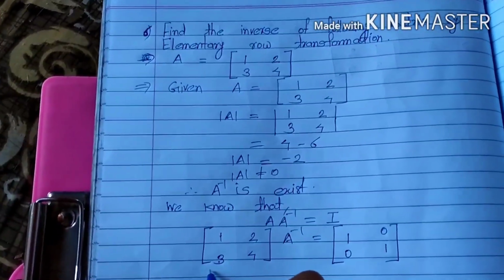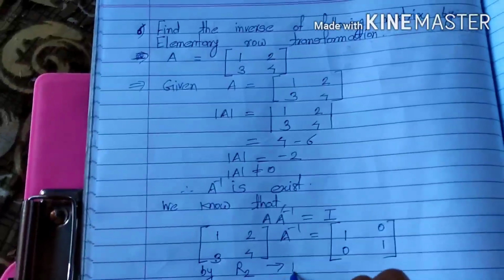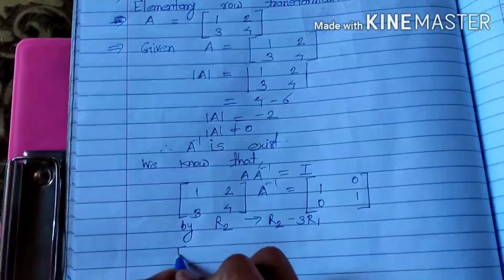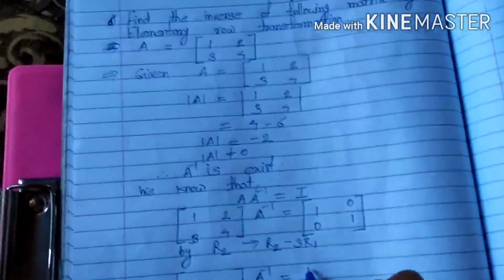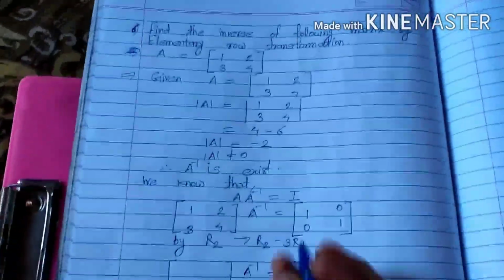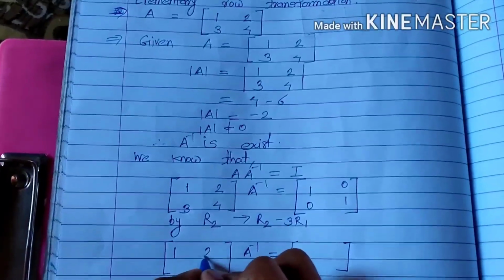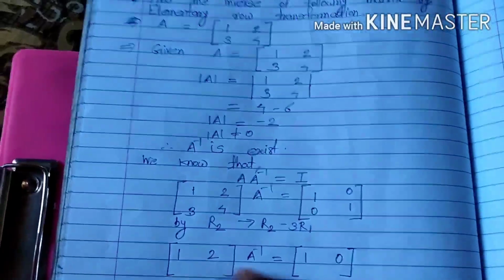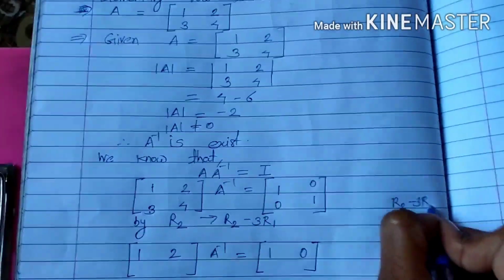How to make? By R2 changes, that's why R2 minus 3R1 operation is, and same operation you have to take on identity matrix. So R1 is not changed, that's why write it as it is. Now changes R2 minus 3R1.